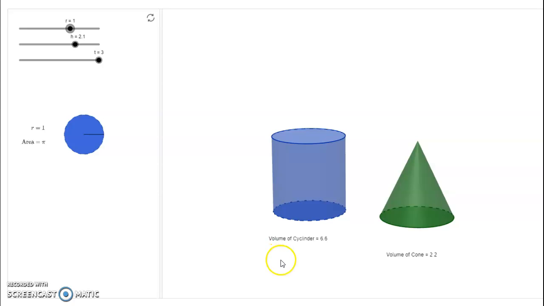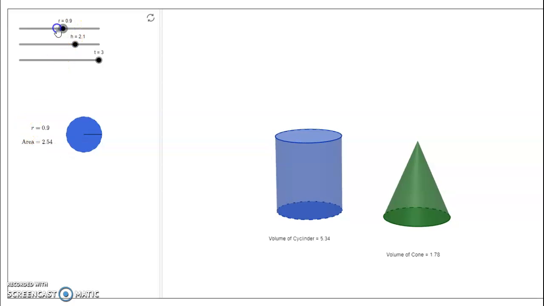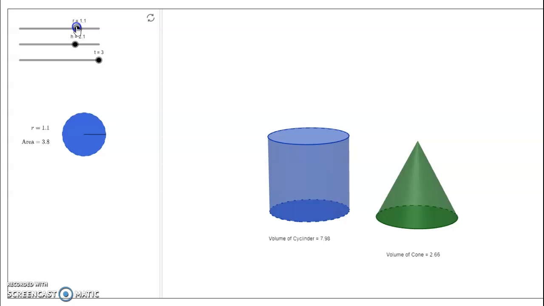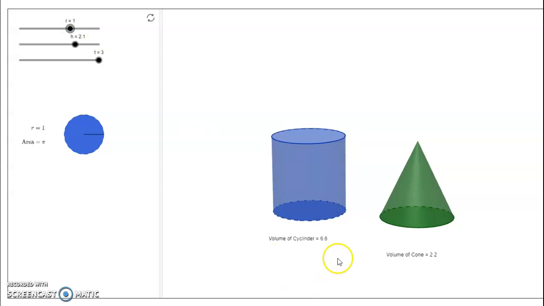What I have on the screen here is a cylinder and a cone, and each of them have the same size of base area. I can look at the radius, which is apparently 1, and I can adjust that base area, and it's going to stay consistent for both the cylinder and the cone. They also have the exact same height.